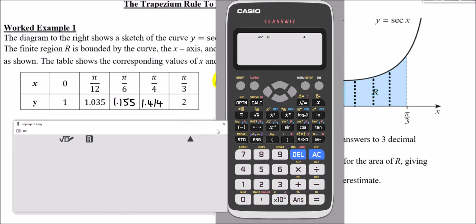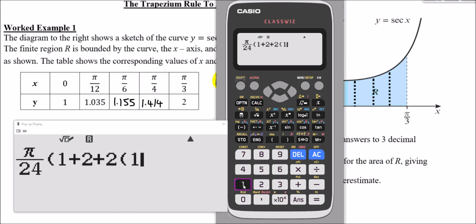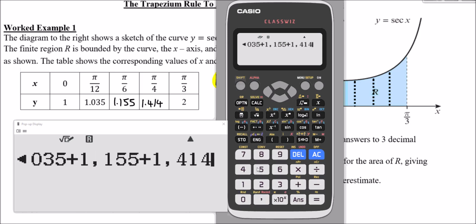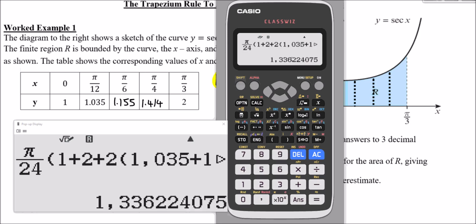So if we try this on the calculator, so we've got shift pi over 24, whoops, and then press brackets, so 1 plus 2, then 2 lots of the middle ones, so 2 lots of 1.035 plus 1.155 plus 1.414. That gives a value to 2 decimal places, 1.34.